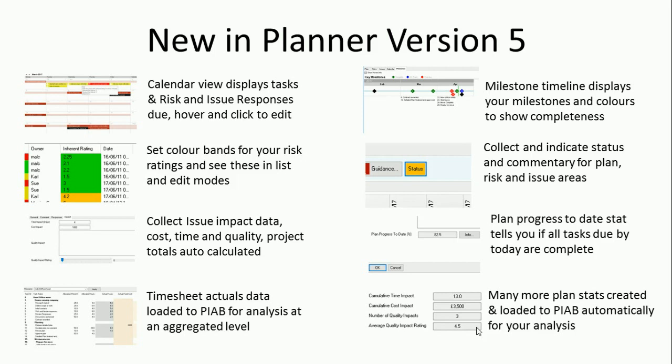We were probably bringing about 15 plan stats before, and it's now about 30-35. So much more data that you can use to analyze in an automated sense the performance of your tasks, risks and issues on the project.